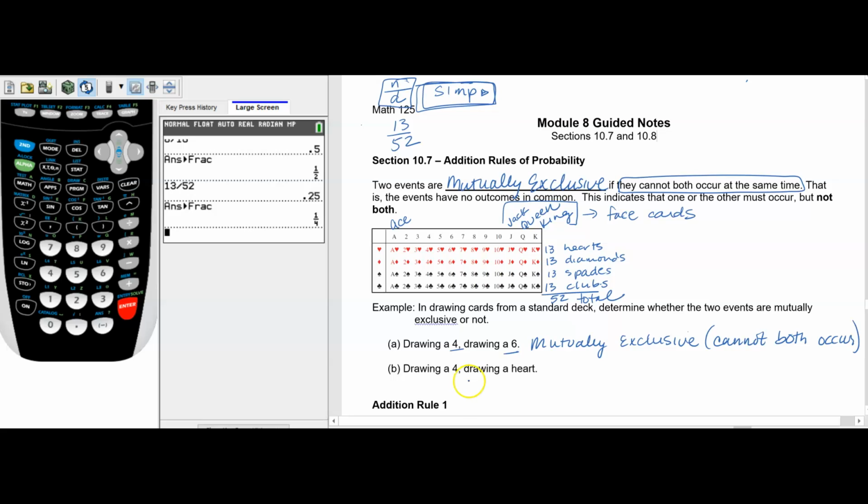The second example, drawing a 4 and drawing a heart, is not mutually exclusive. The reason is, if we look at the chart, there is a 4 of hearts, which means it is possible for both to occur at the same time on the same card.